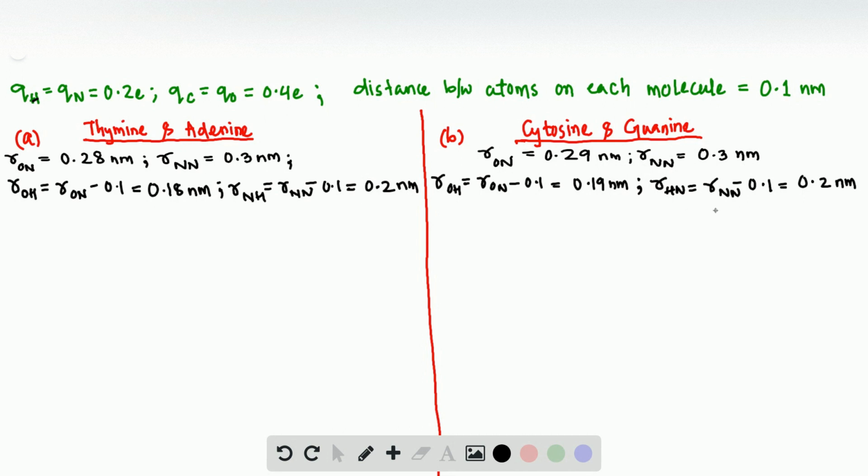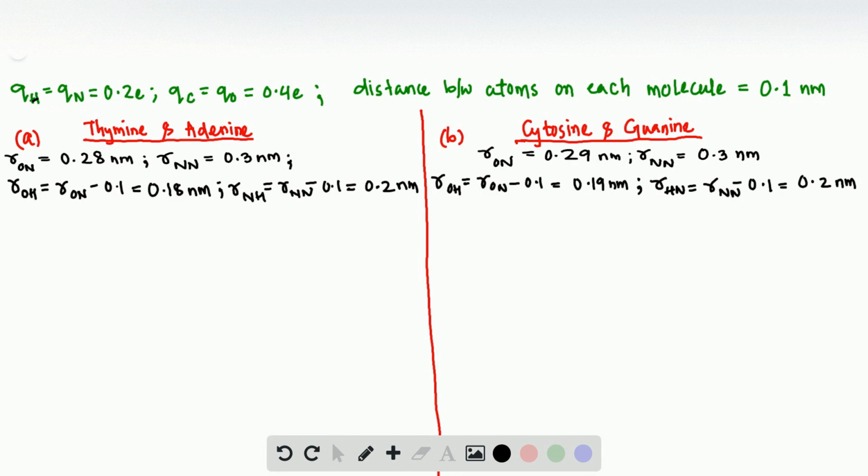We do the same thing for cytosine and guanine as well, and we have the charge on the hydrogen atom and nitrogen atom to be 0.2 e, and charge on carbon and oxygen is 0.4 e.